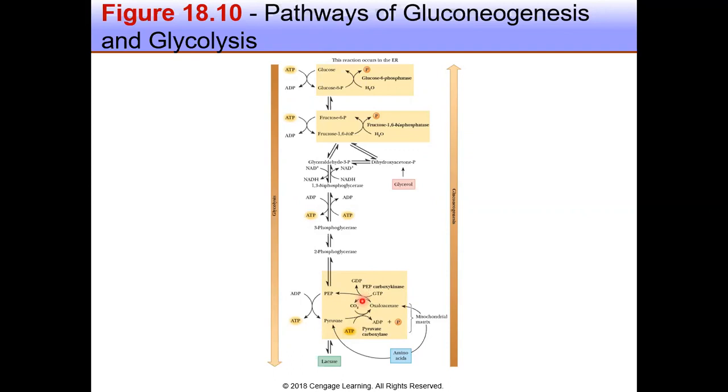You see here the species in blue, green, and pink shaded boxes indicate other entry points for gluconeogenesis. For example, lactate, as I said, can be used. The amino acid alanine and glycerol enter from this point. So these are different entry points for gluconeogenesis.